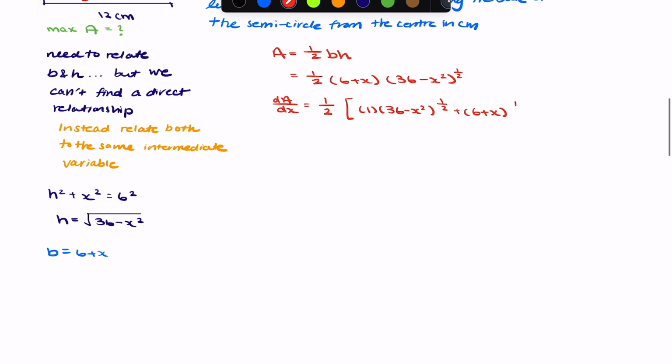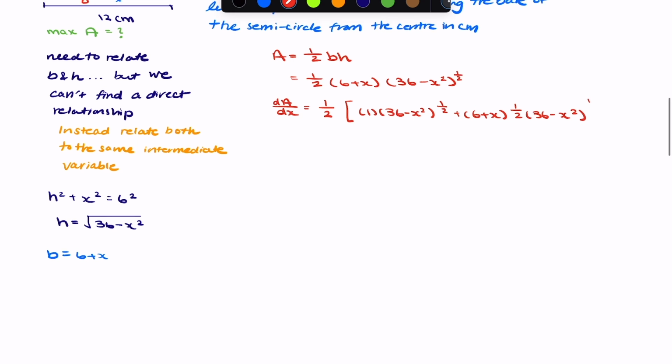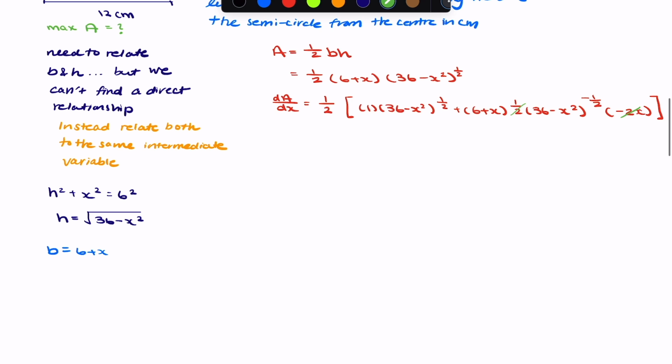So here we get 1 over 2, the outside, (36 minus x squared) to the power of negative 1/2, and then the derivative of the inside, which is negative 2x. The negative 2x and the 1 over 2 can simplify.